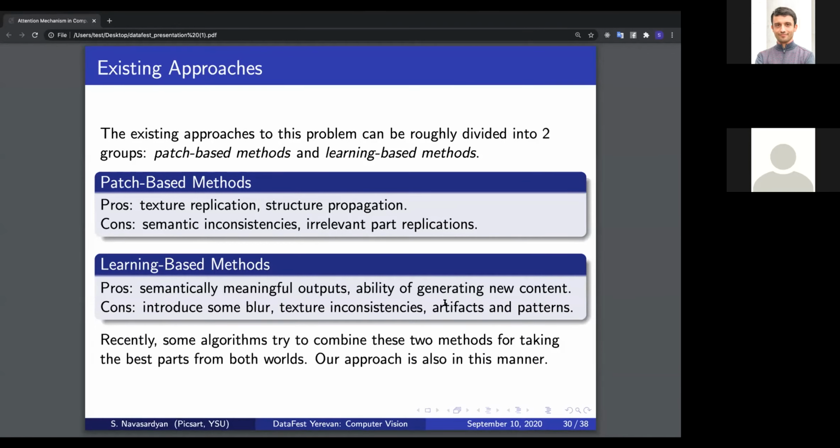Recently, some algorithms try to combine these methods and do both: output semantically meaningful images and make more detailed textures. Our approach is also in this manner.